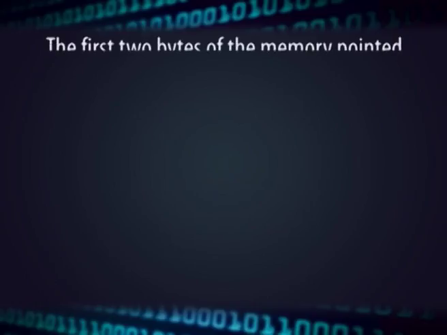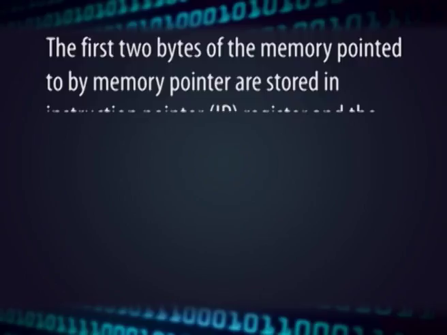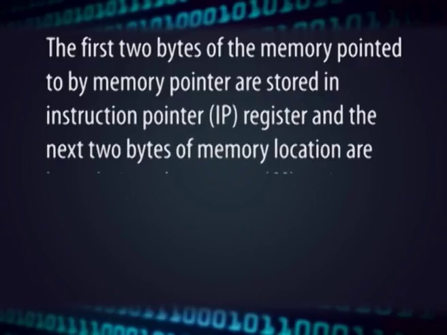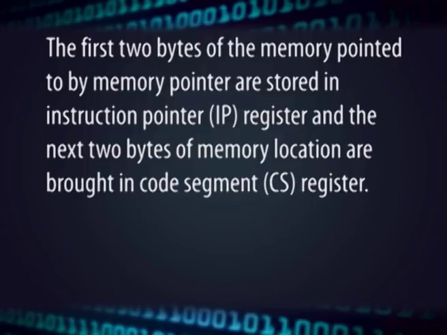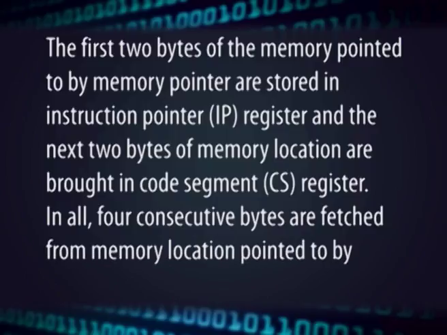The first 2 bytes of the memory pointed to by the memory pointer are stored in the instruction pointer IP register, and the next 2 bytes of the memory location are brought in the code segment register. In all, 4 consecutive bytes are fetched from the memory location pointed to by the memory pointer.